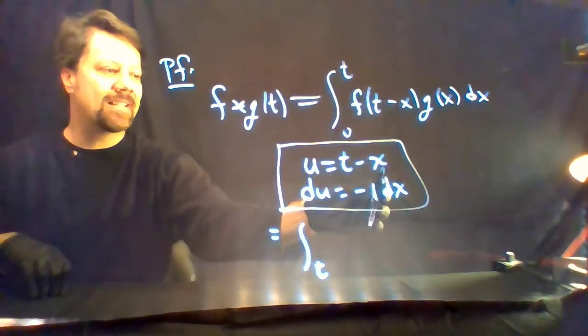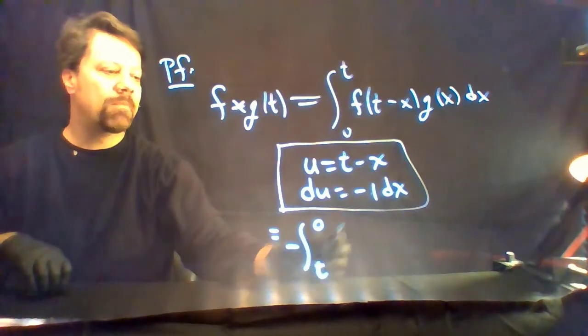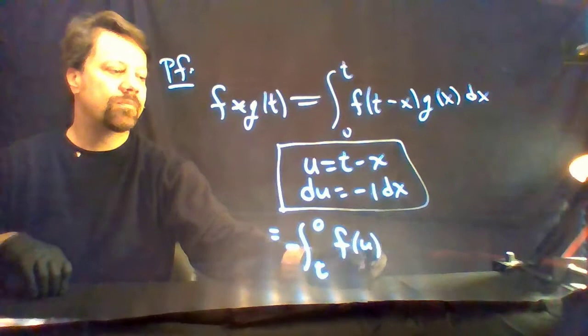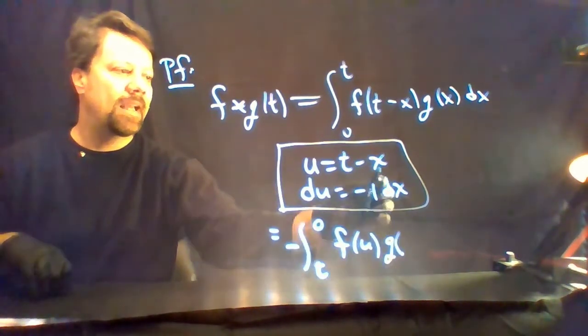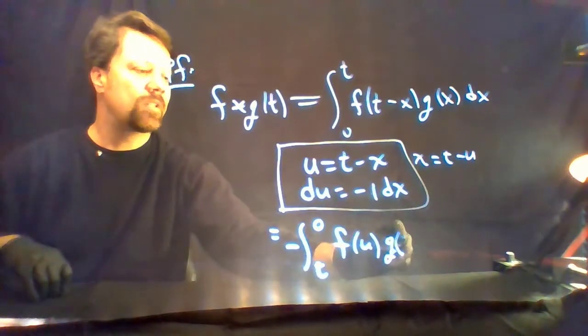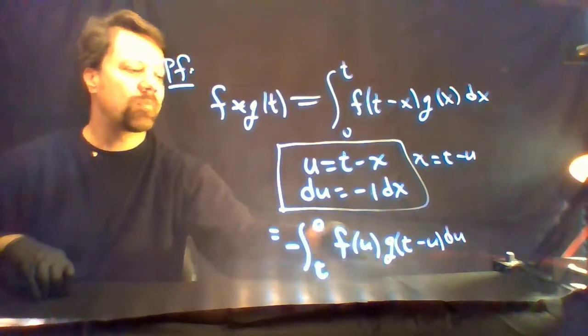If x is t, u is 0. We'll get a minus from here, f of u, x is equal to t minus u. So we'll have g of t minus u du.